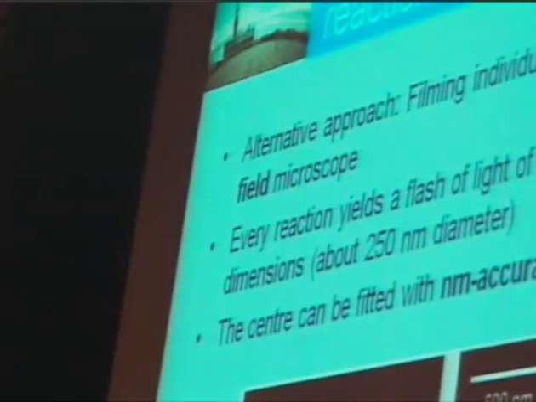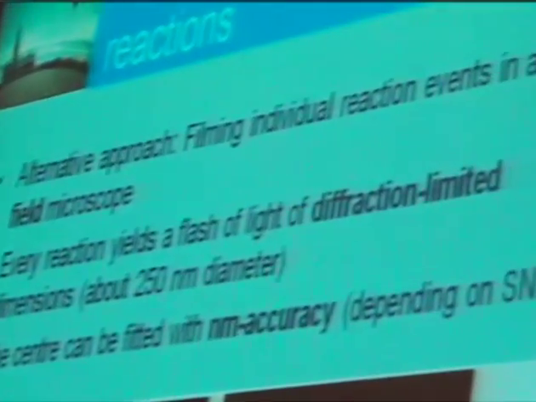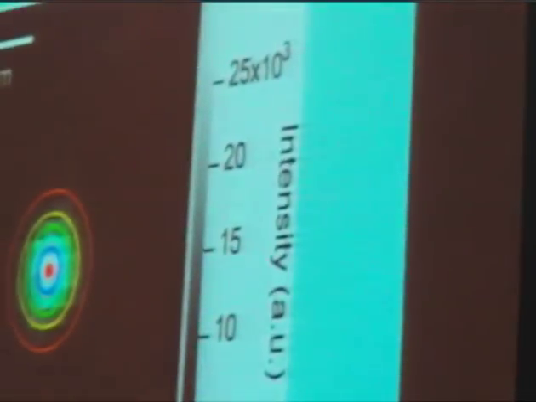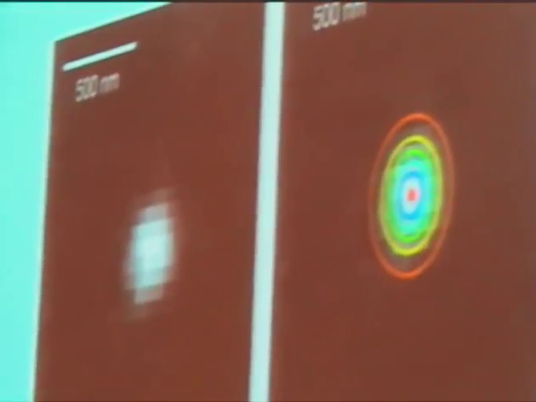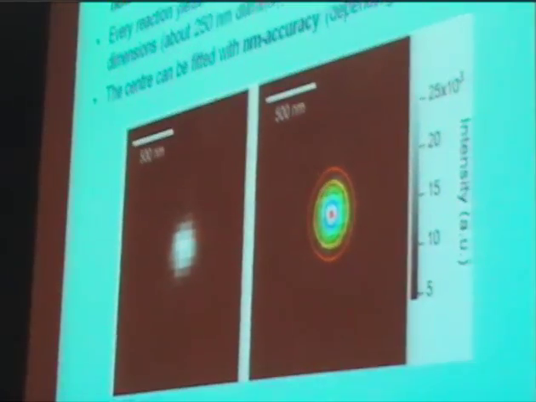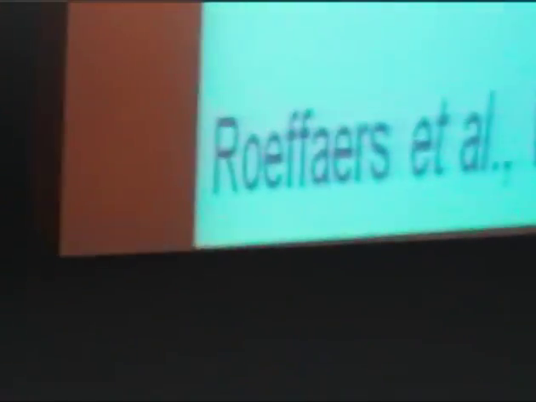Okay, so how did we analyze these images? So in principle, every flash of light has a certain width of about 250 nanometer in diameter because of the laws of diffraction. This is kind of the resolution that you have, but we want to go beyond this resolution. Now that's a nice thing when you look at single molecules.